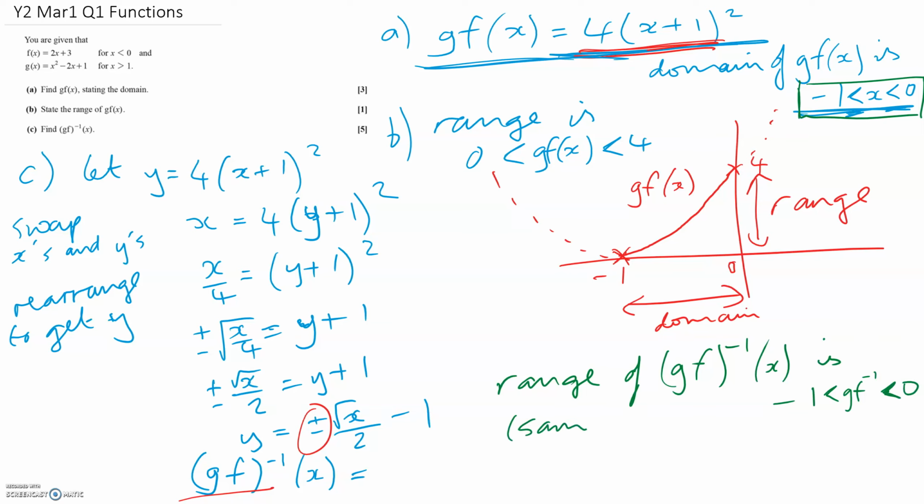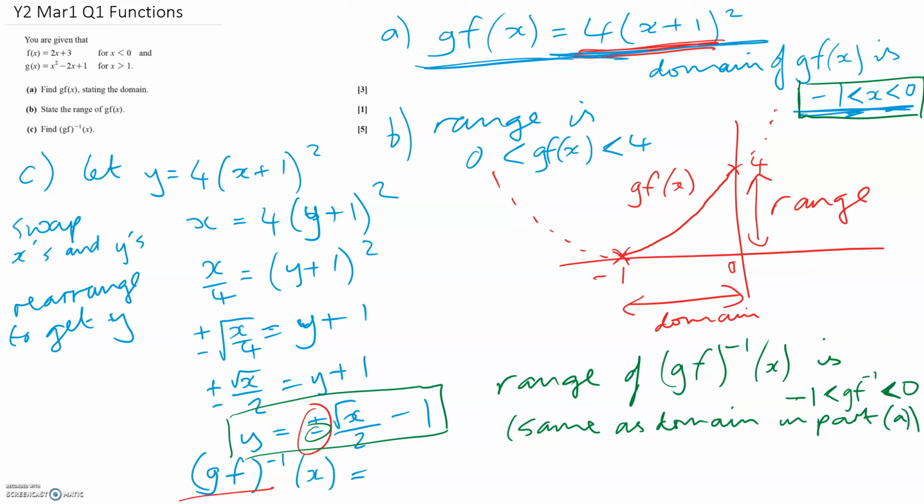I'll just write down here it's the same as the domain in part A. So just looking at that then, if the range of this function has to be between minus 1 and 0, then we don't want this negative, because that would make the answer less than minus 1.